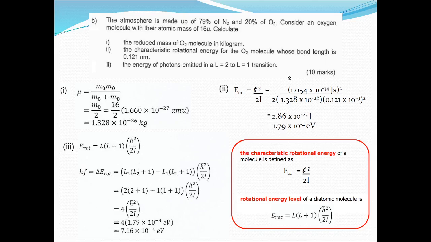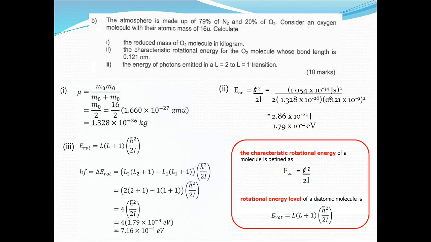So just substitute directly into the equation. H bar you have already known, the value is 1.054 times 10 power of negative 34. Divide by 2I. I here, in the previous slide you have already known, the moment of inertia I is equal to mass times radius squared. The mass here you have already calculated before.